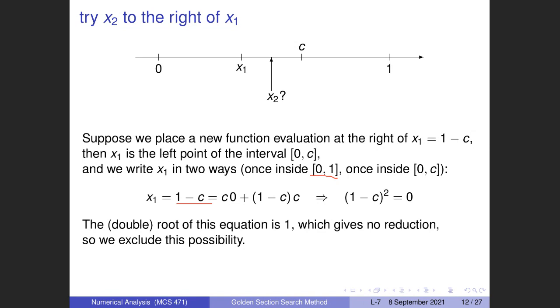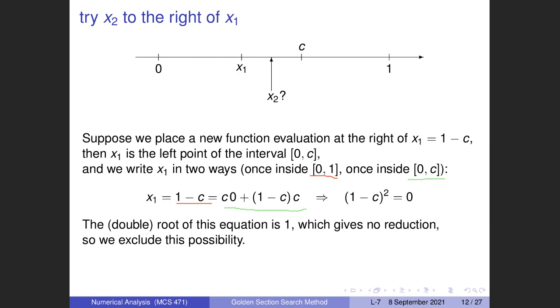And once we define it in the interval [0, c], we actually apply the same formula. Here we have 1 minus c times 1. Here we have 1 minus c times c, because the right bound is now c.